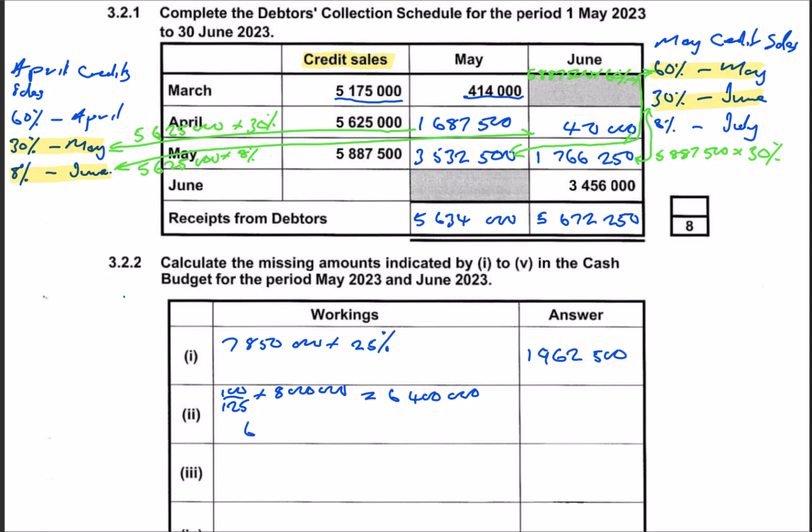So that will be 6,400,000 times 20%, that's 1,280,000.